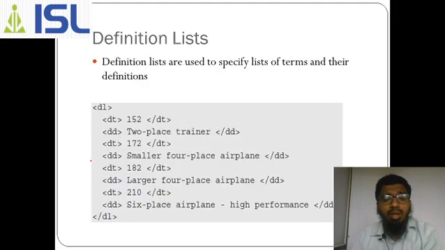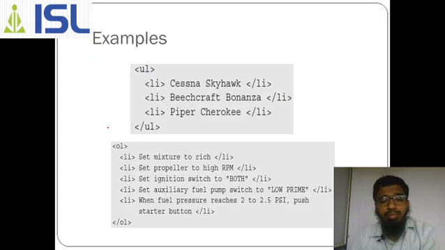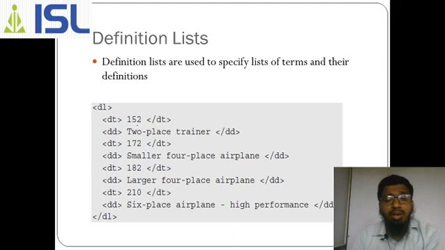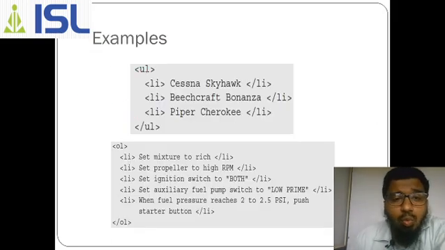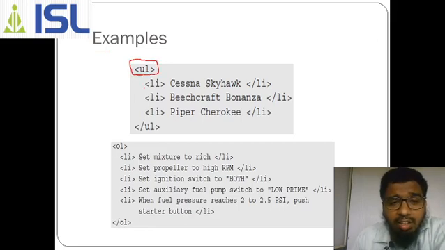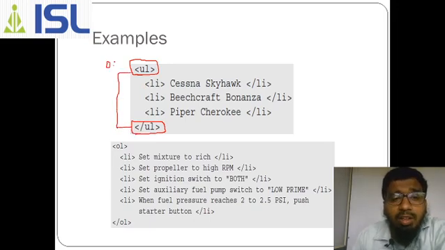And definition means it will give the dt, like here we are giving the definition. I will tell you about that. Okay, so the first one, unordered list. This is the unordered list opening tag and this is the closing tag. This is the opening tag and this is the closing tag.